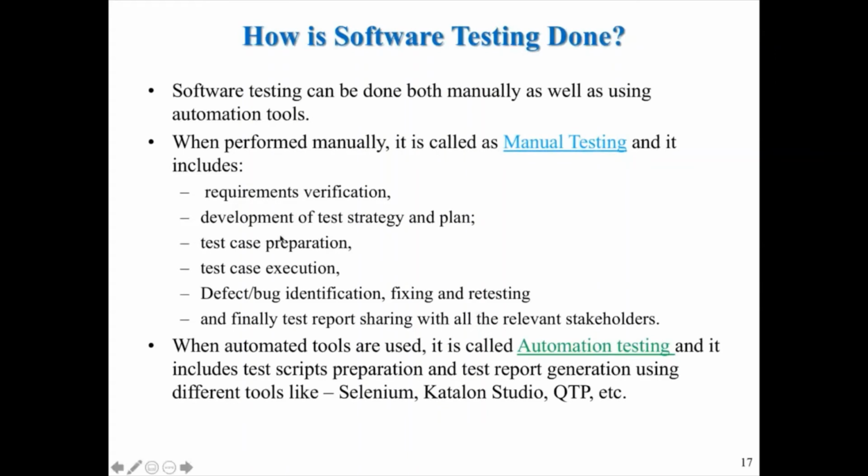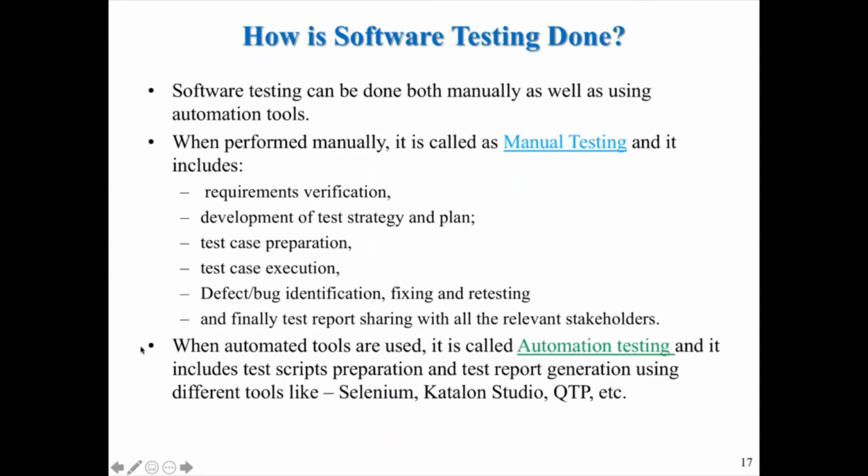Then you prepare the test cases, then you execute the test cases, then the bugs or defects are identified, then you fix those bugs, then you test again to ensure that those bugs were fixed. And finally, the test report is shared with all the relevant stakeholders.